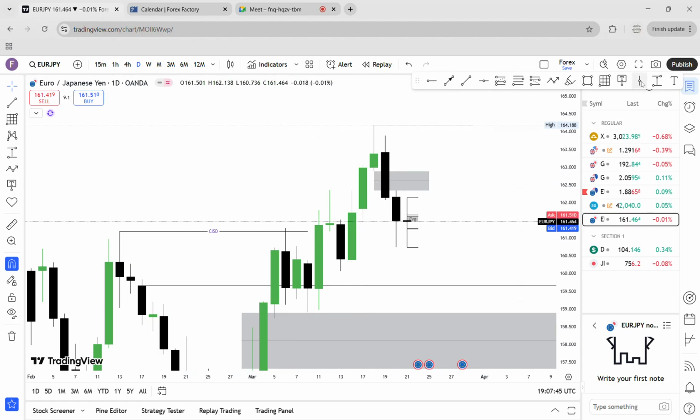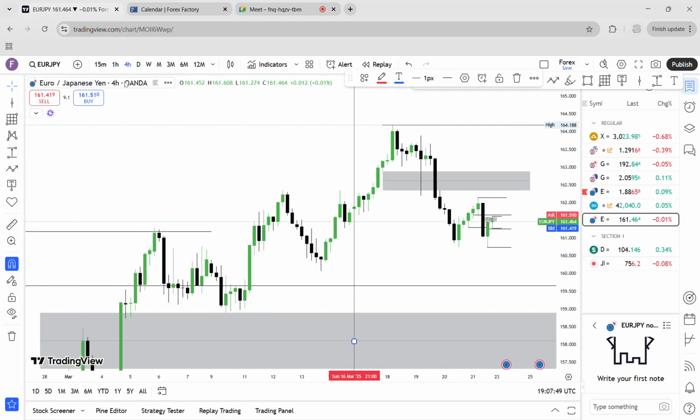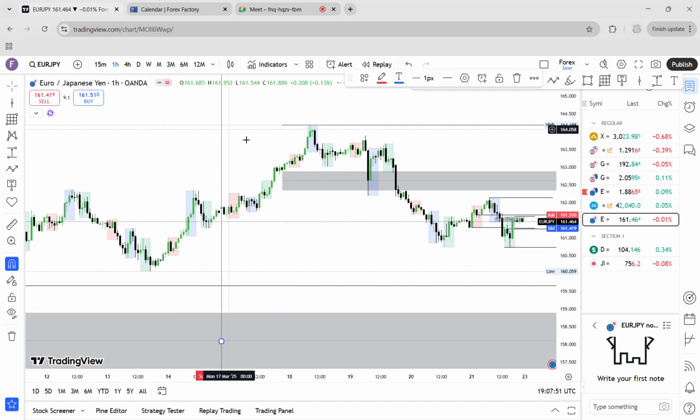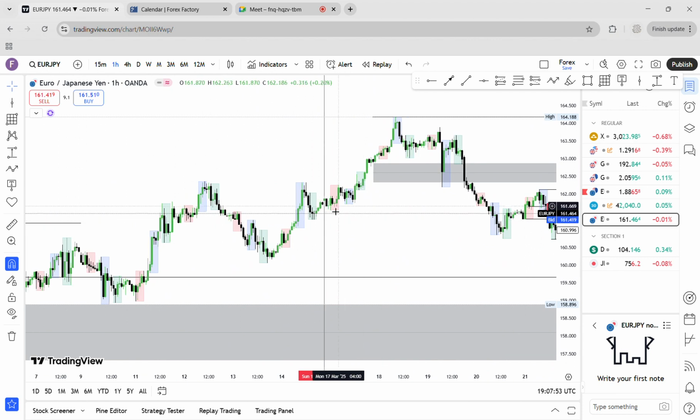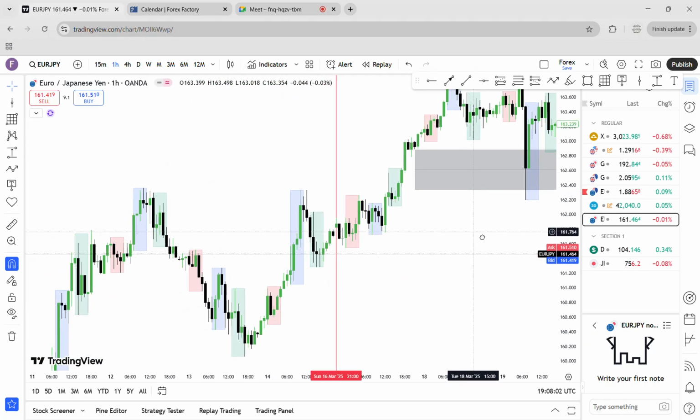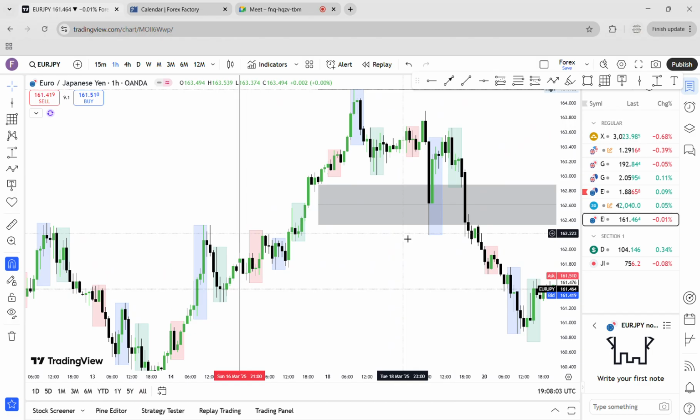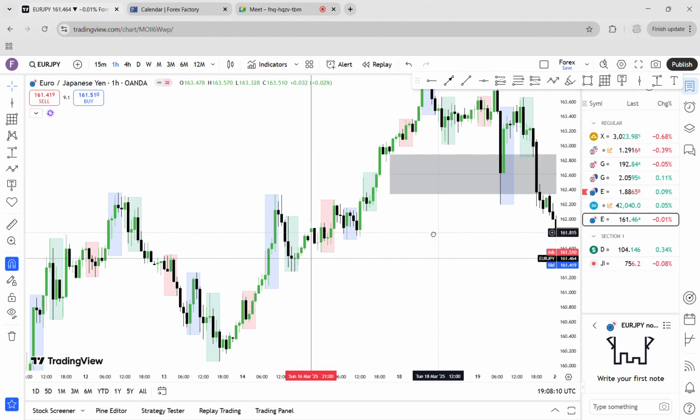No. Let's identify the Monday candle first and go to the 1 hour, because this is the daily time frame. So where is Monday? Here. So this is where Monday started from, right? 21 o'clock. I'm talking about how you can basically trade and look at the market.